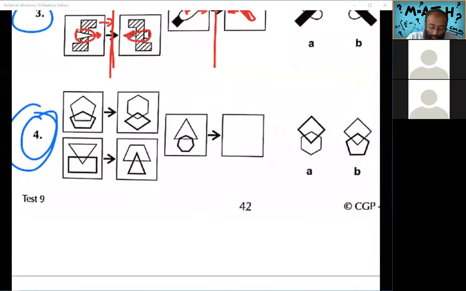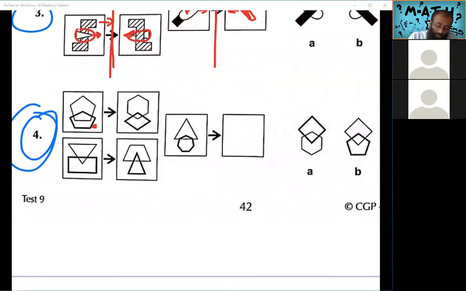Question number 4, let's have a look. We have a solid shape and a light colored shape, solid like thick black, and a light one. Now let's have a look at the solid. The solid is 5, and the light one is also 5 here.